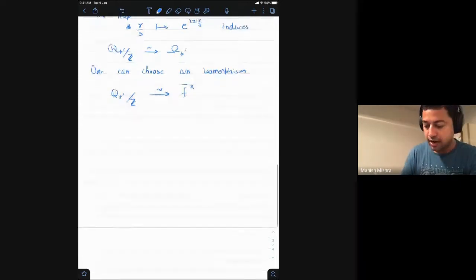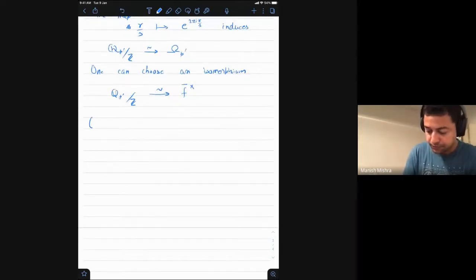The idea of this isomorphism is not natural. You have to make various choices, but the idea is that F bar star is a union of these increasing cyclic groups.